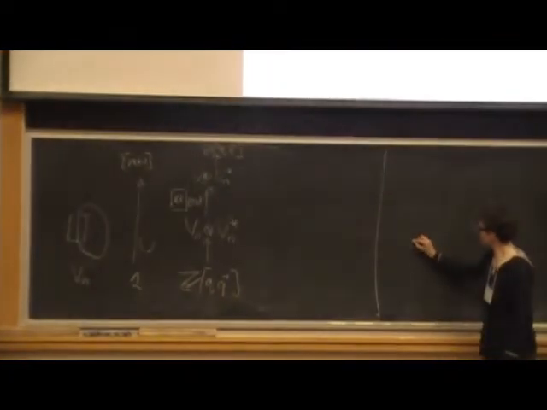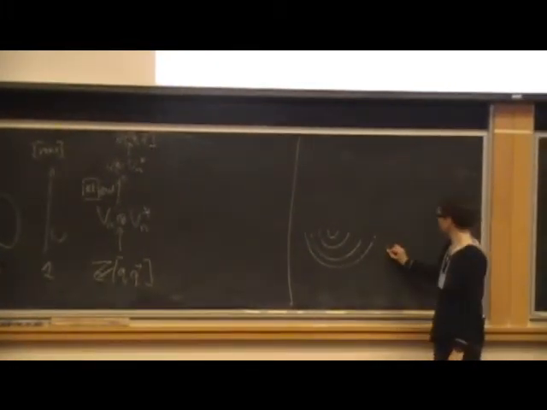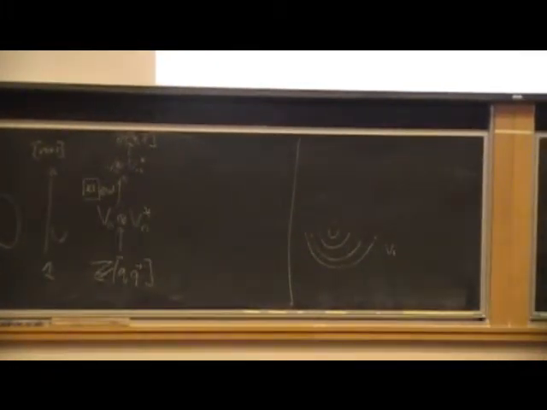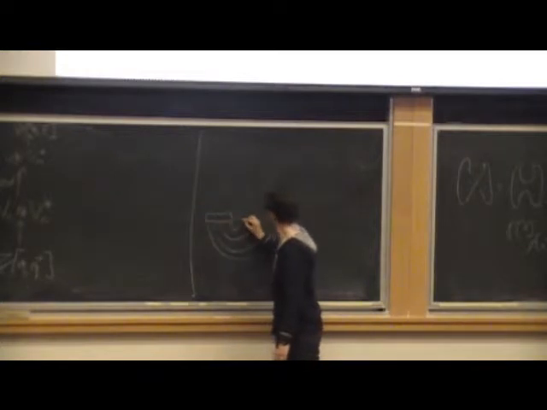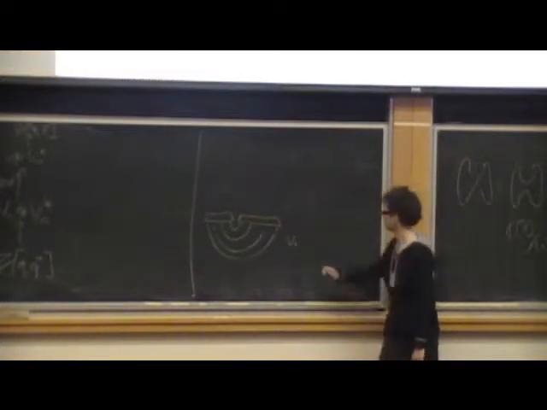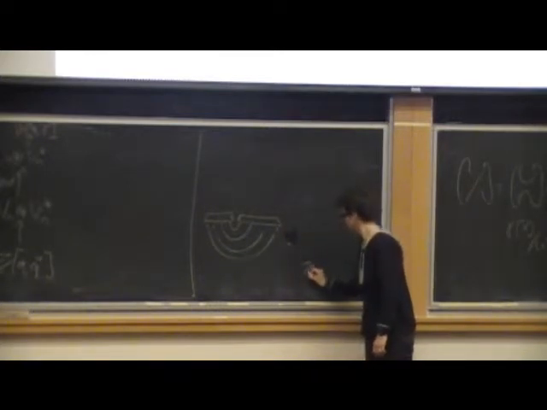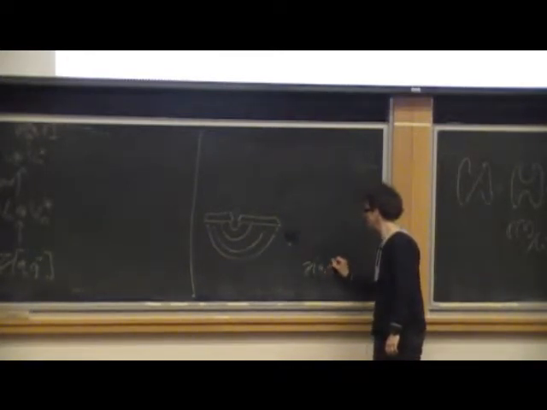Which means I take n cups, all labeled by the V1, the original Khovanov picture. Then I start from Z[q, q inverse].